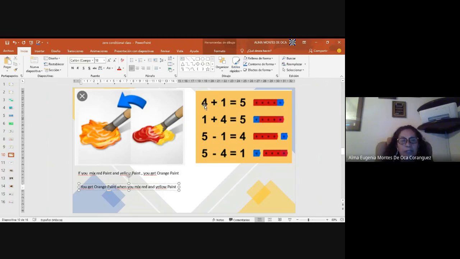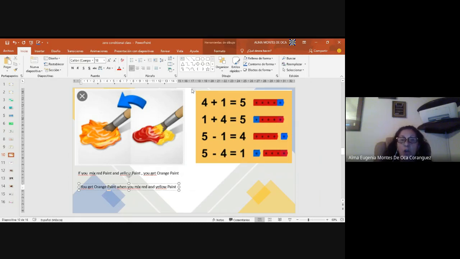Another example, in math problems. 4 plus 1 equals 5. It is always the same, it never changes. Another: 1 plus 4 equals 5. It is the same, it is a fact. 5 minus 1, you get 4. 5 minus 4, you get 1.